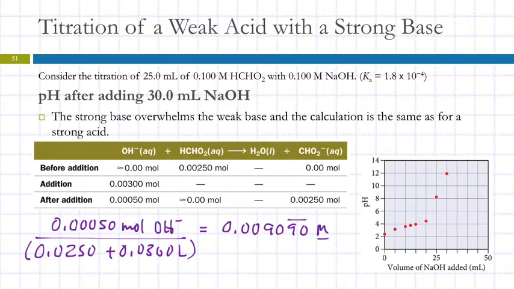That's the hydroxide ion concentration. So we can calculate pOH, 2.04, and the pH is 14 minus that, 11.96.